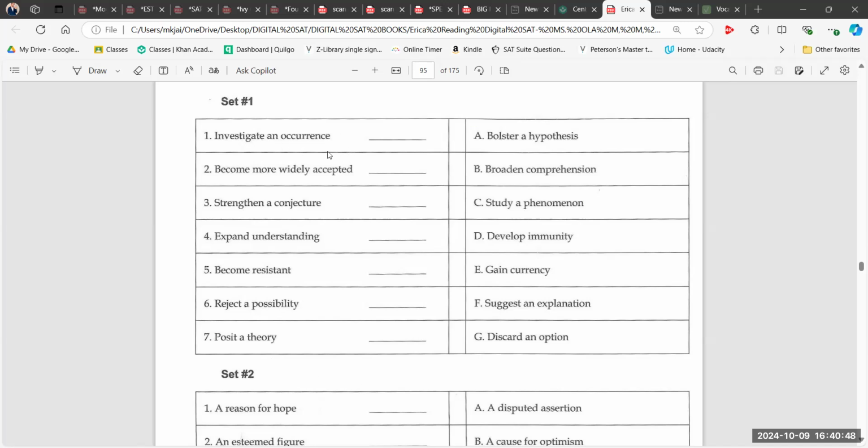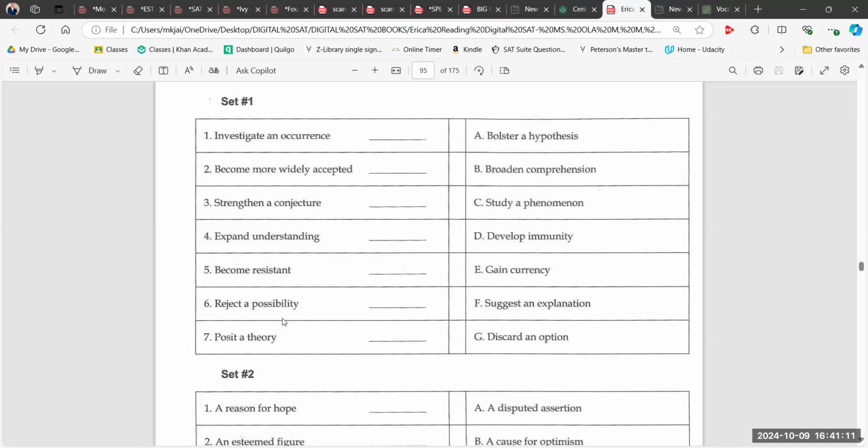Investigate an occurrence. Become more widely accepted. Strengthen a conjecture. What's a conjecture? Any idea? Expand understanding. Become resistant. Reject a possibility. Come on. An answer? Yes, Omar. Number 6, reject a possibility.